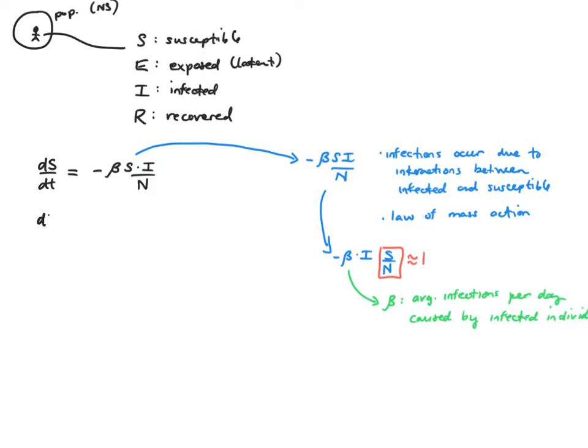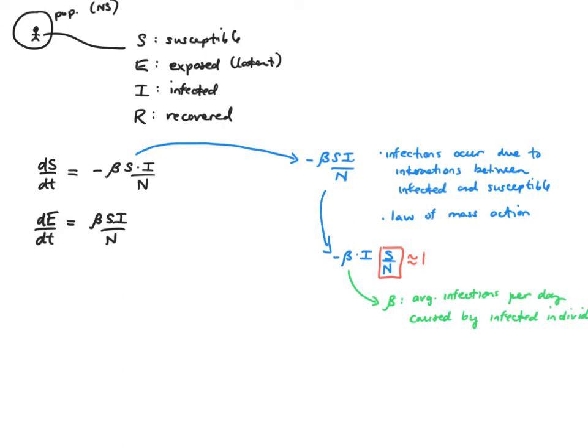And so the next equation is dE dt, the rate of change of the exposed class. And this is basically gathering up those individuals that just left the S class. So the flow out, the rate out of S is the rate in to E, much like the salt in the bathtub kind of problems. So we have beta S I over N in the exposed class.